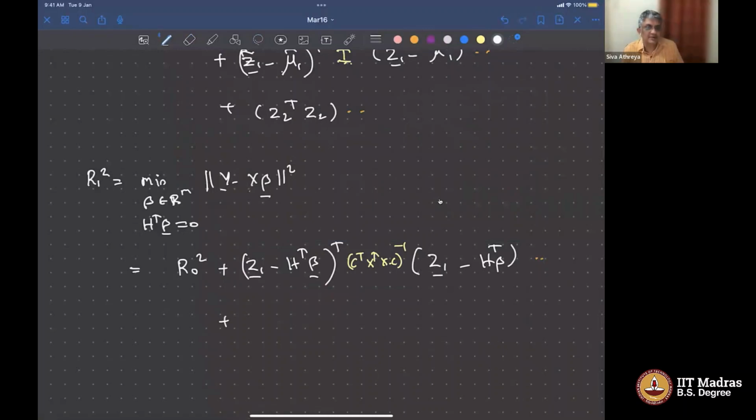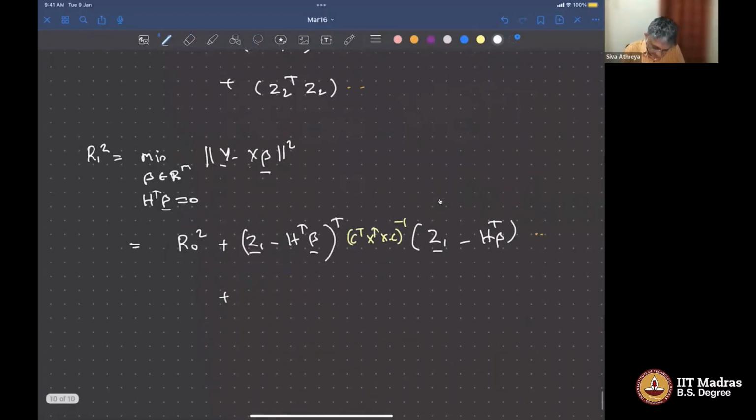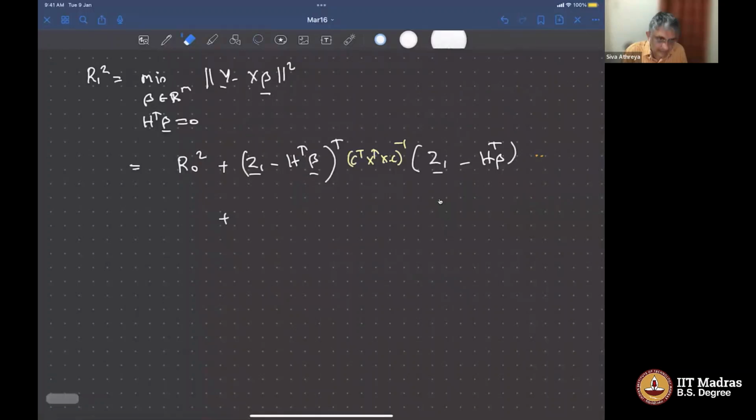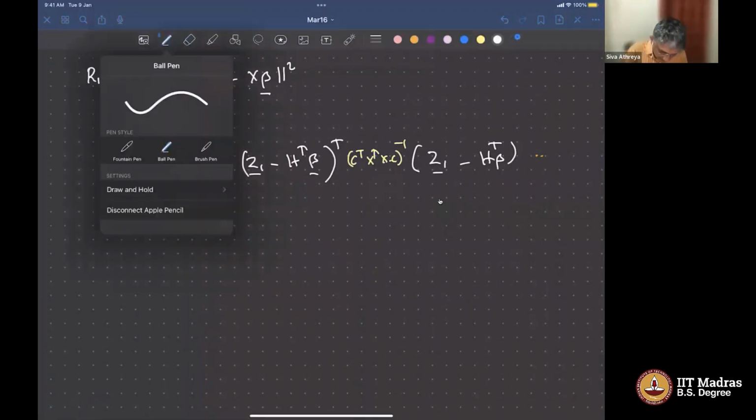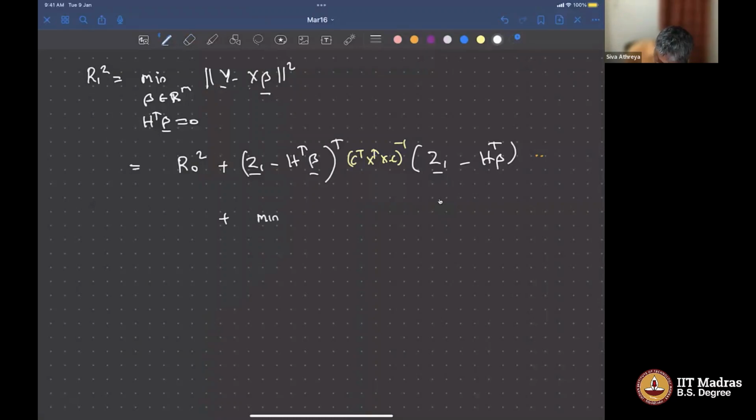Plus the last part is the minimum over beta in R^m, H transpose beta equal to 0, and what I have left is just Z1 tilde minus mu1 tilde squared. Very good. The mu1 tilde is just P1 tilde transpose X beta.